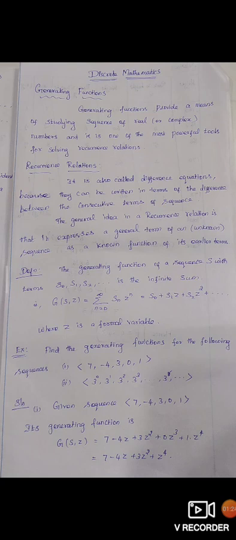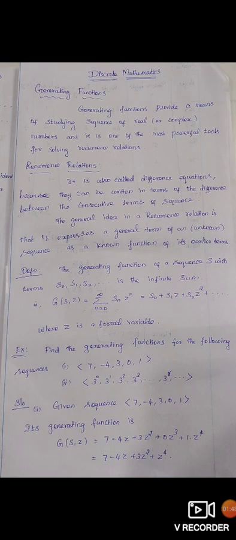Next example, find the generating functions for the following sequences. First sequence: 7, -4, 3, 0, 1, and the second sequence: 3^0, 3^1, 3^2, 3^3, 3^4, etc., 3^r, etc. Solution. The given sequence is 7, -4, 3, 0, 1.